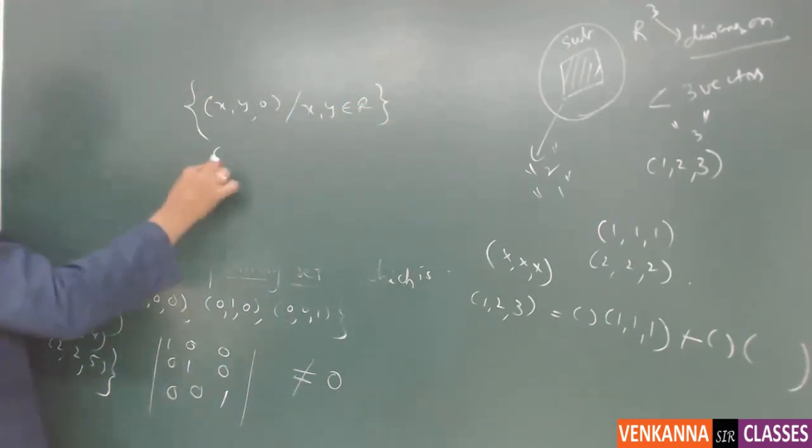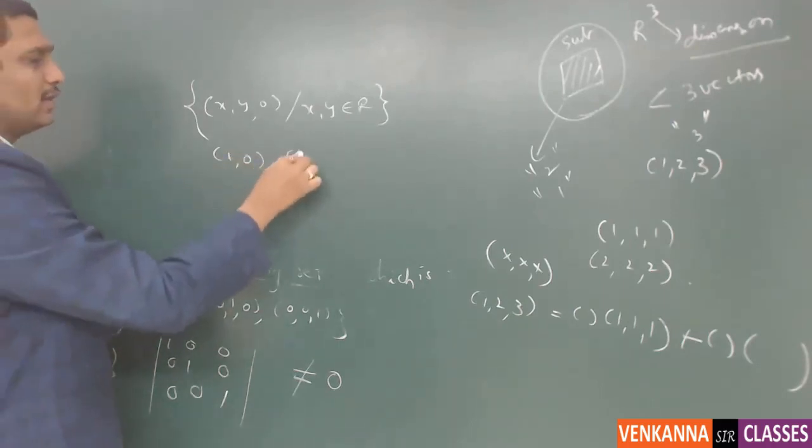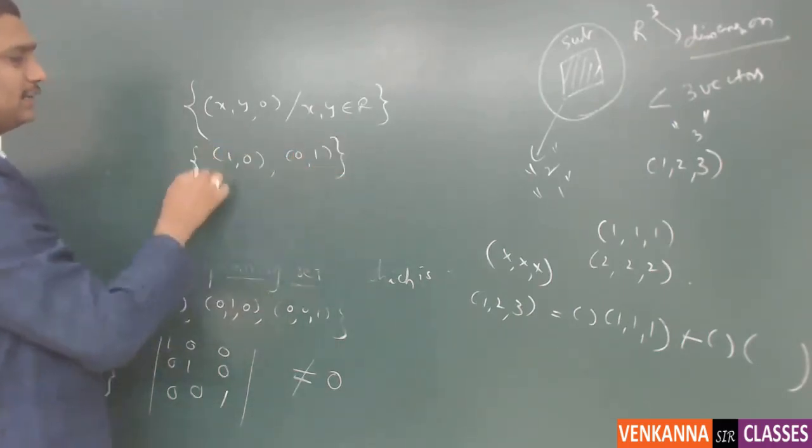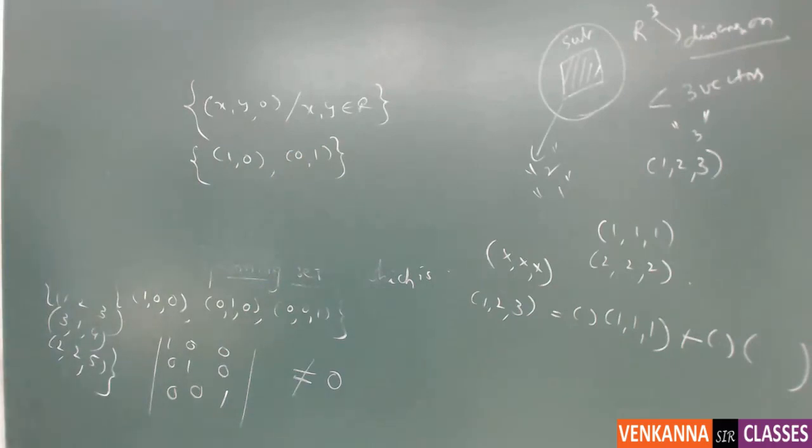Yes, (1, 0, 0) and (0, 1, 0) is the basis for it. And these two are nothing but linearly independent vectors. You cannot write one vector as a multiple of the other.